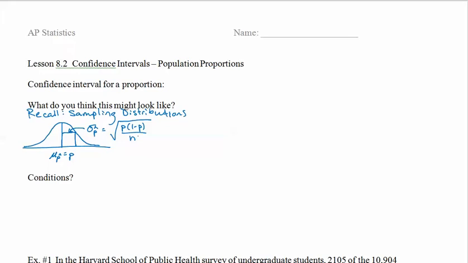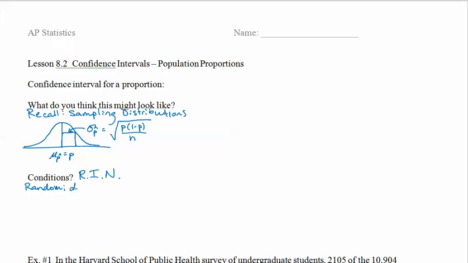Now, before we can calculate our confidence interval, we need to think about what our conditions are. So you can think of RIN. The first one is we need to make sure that we are getting our data in a random method.